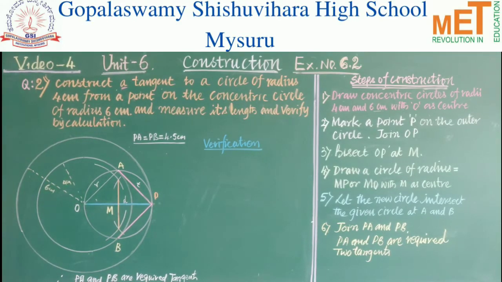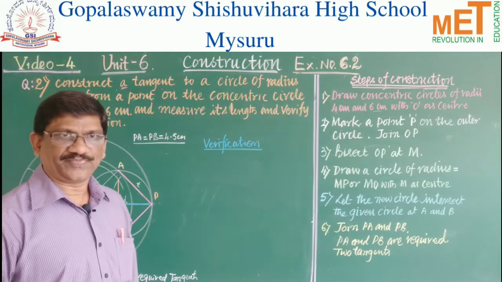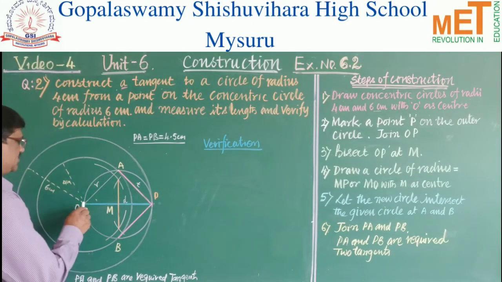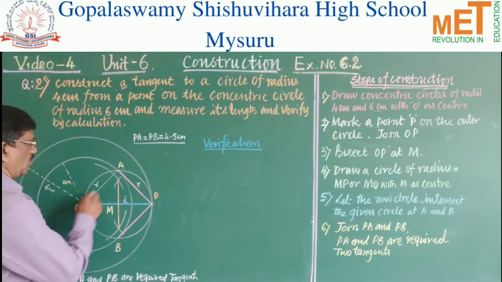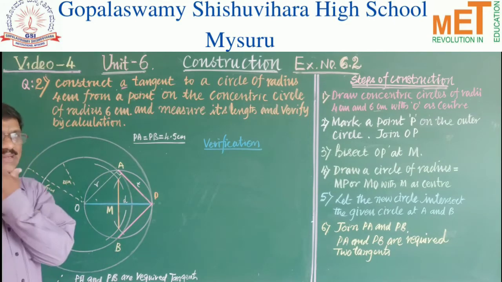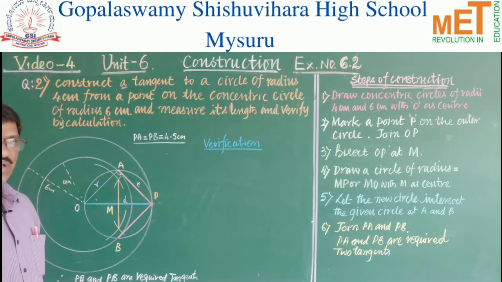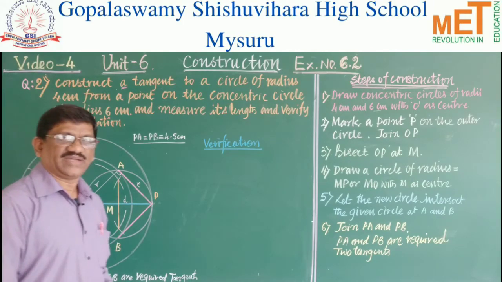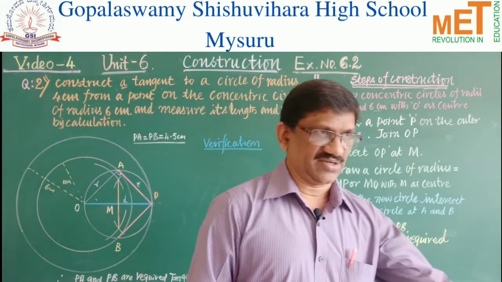As we have discussed in the previous sum, here triangle OAP is a right angle triangle. Whenever you see the right angle triangle, we can apply Pythagoras theorem.